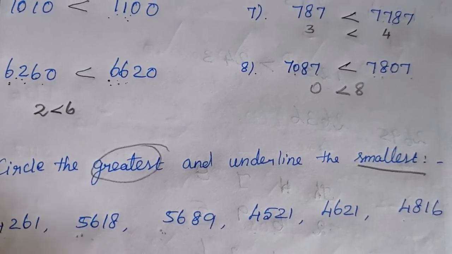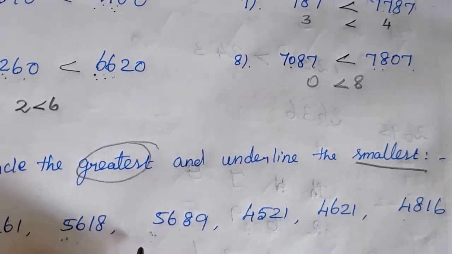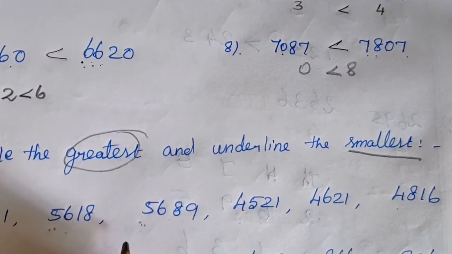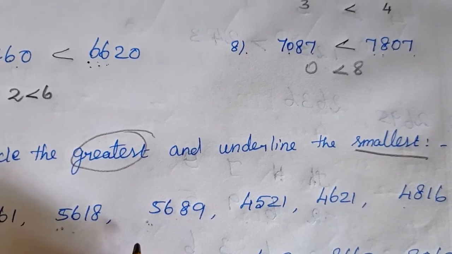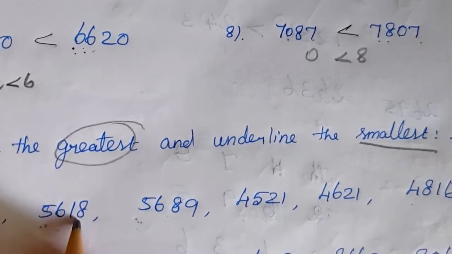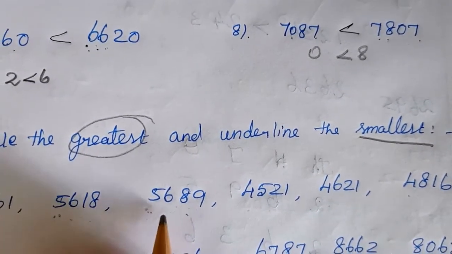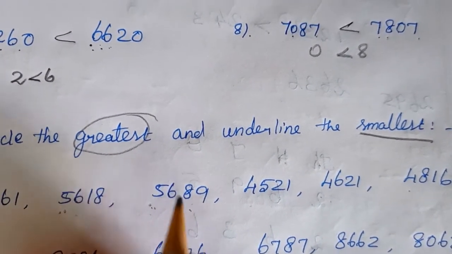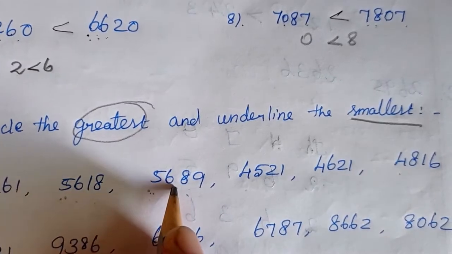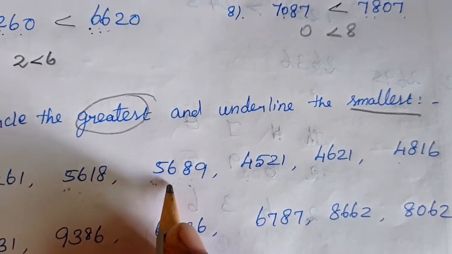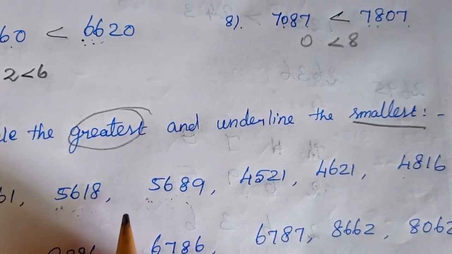So what do you want to do next? Yeah, compare the digit in the next highest place value. In these 2 numbers, the next highest place value is 100 and the value in each number is 6. So what do you want to do next?